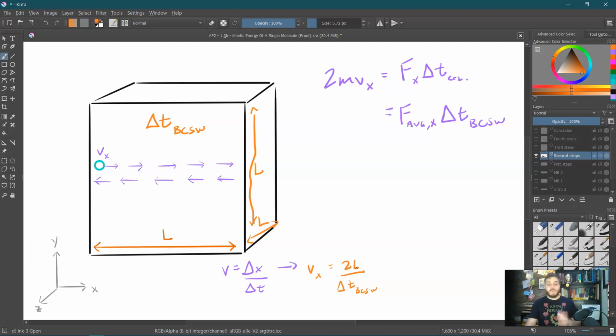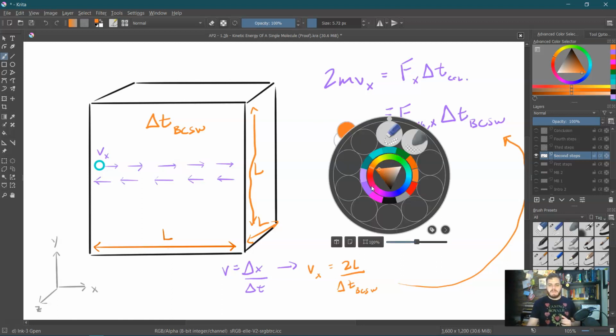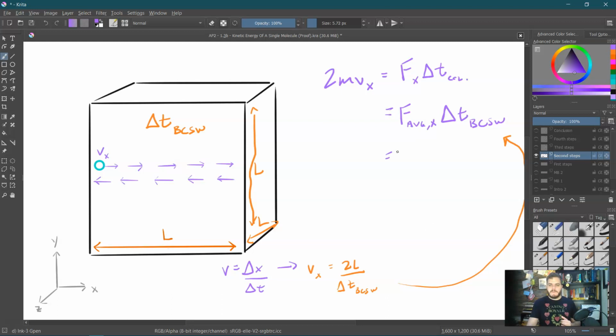And I'm now going to rearrange this a little bit and stick it way up in here. So if I do that, I'm going to have to multiply that and divide that across. So now I'm going to have this equal to F average x times now 2L over Vx, because I multiplied the delta t across divided by the V.